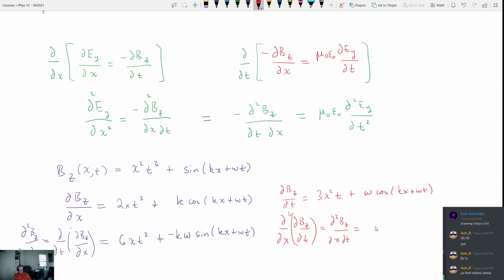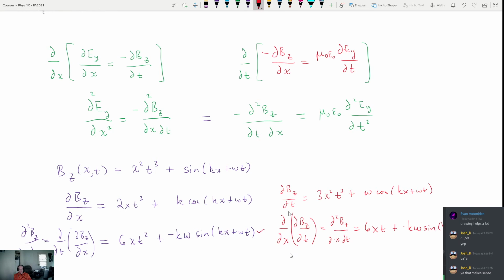The x derivative of this is going to be 6, oh, I made a mistake, sorry, this was squared still, because we're taking 3t and it's t squared. Sorry about that. So bring this down in front, you get 6xt squared, and now pull the k out, plus k times omega, but when you take the derivative of cosine, you get negative sine. And those should be exactly the same, right? These two are the same.